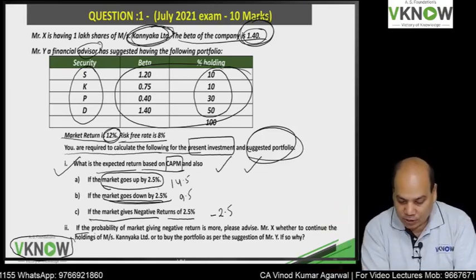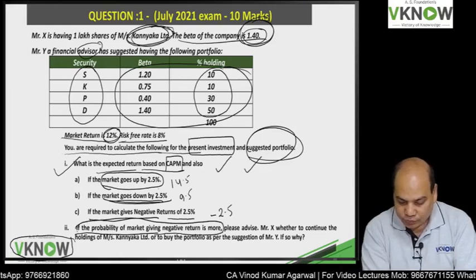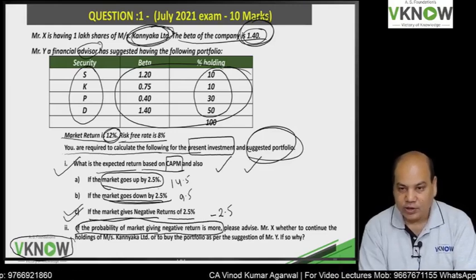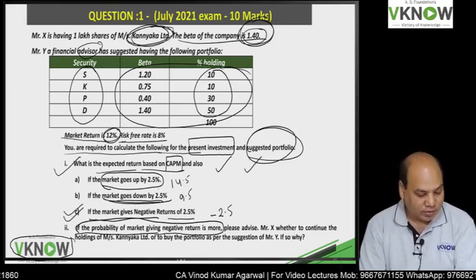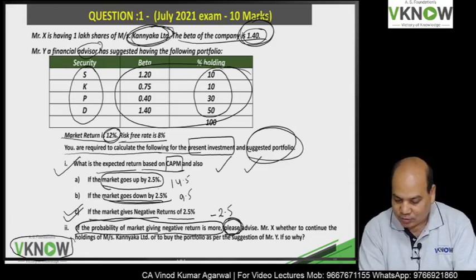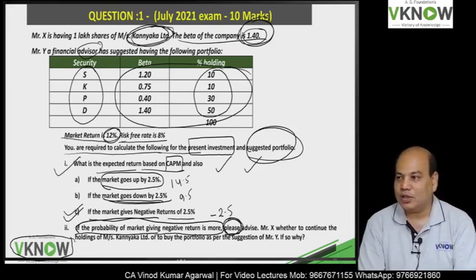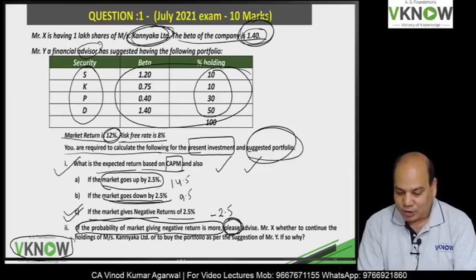If the probability of the market giving negative return is more, that means if you think this possibility is high, there is a possibility the market may give negative return, then please advise Mr. X, and how respectfully they are asking you, whether to continue to hold Messrs.